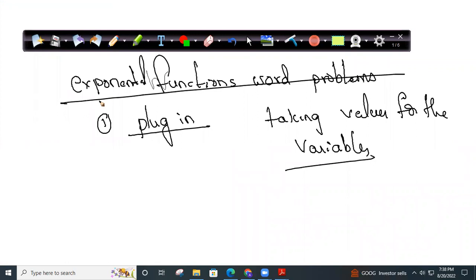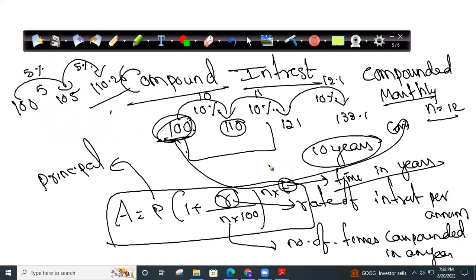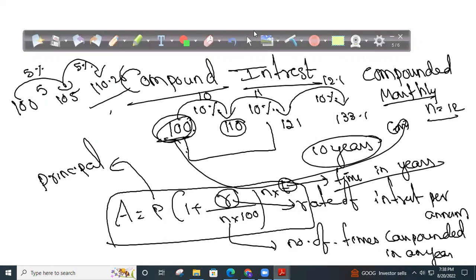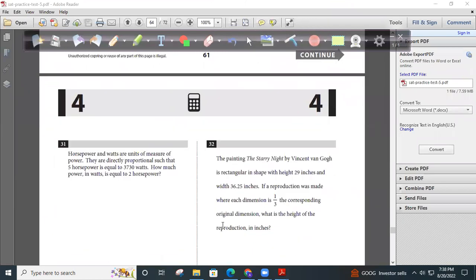So based on all these three, we'll try to identify exponential functions, increasing or decreasing, word problems, and compound interest questions. Next 20-30 minutes, I'll solve only questions based on that. If you can solve along with me, you'll become perfect in this topic.